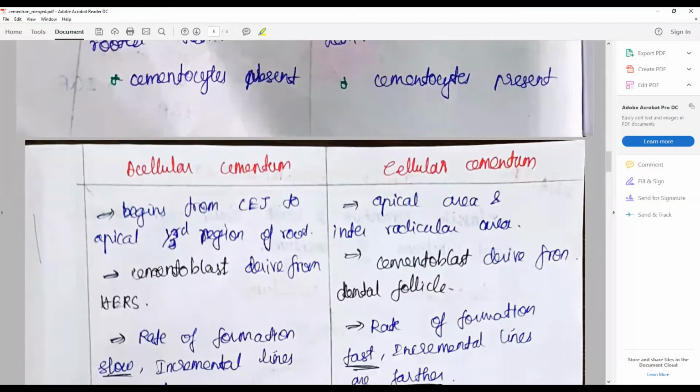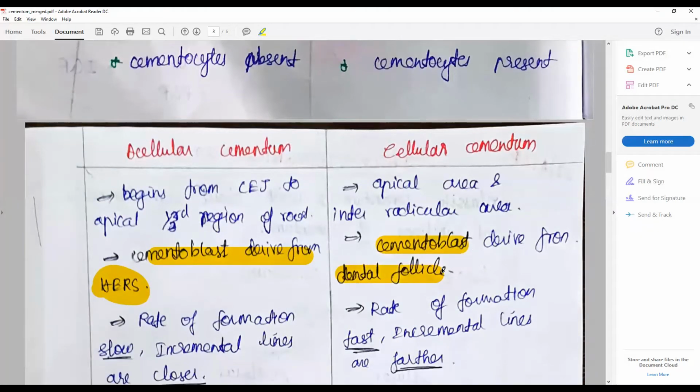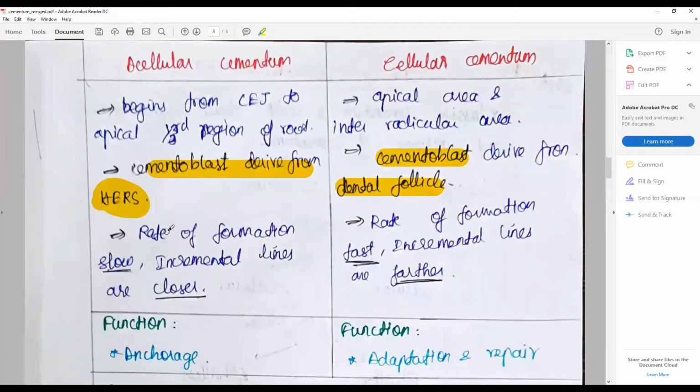For acellular, it is widely believed that cementoblasts are derived from the remnants or parts of the HERS, whereas cellular cementum is believed to originate from dental follicles, particularly the dental sac region. The rate of formation in acellular cementum is slow and incremental lines are closer, whereas in cellular the rate of formation is fast and incremental lines are farther apart.